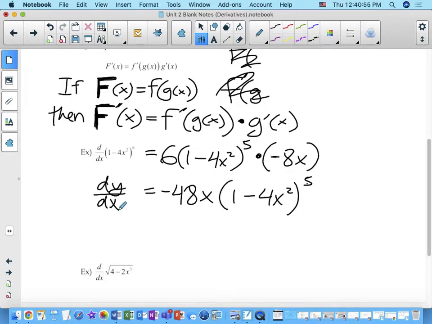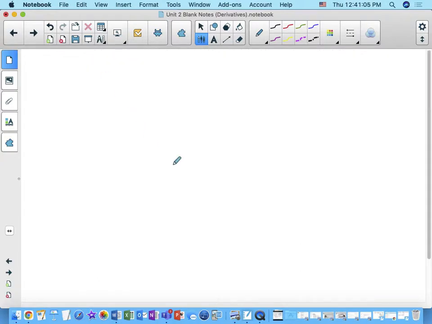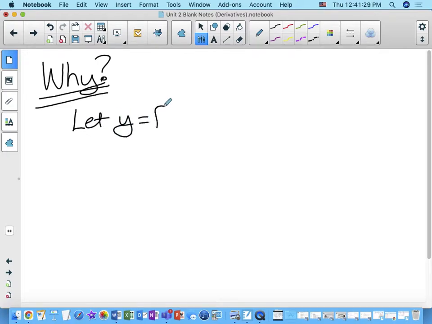Now, why does this work? Well, I'm going to go on to another page to look at why, so that I have some room to work with. It's not as complex as the product rule, so that's good. Why does this work? Well, let's suppose that we let y equal f of g of x.